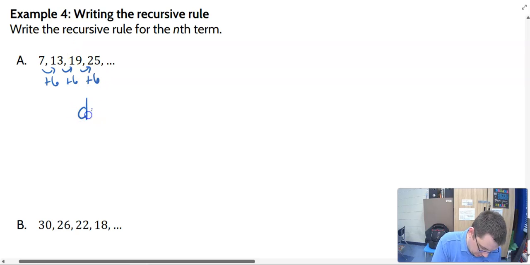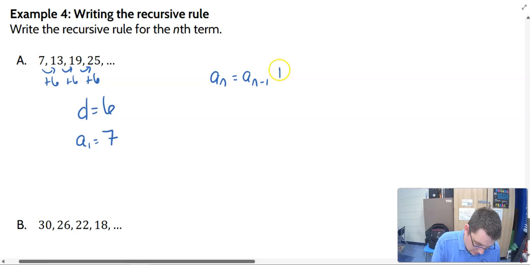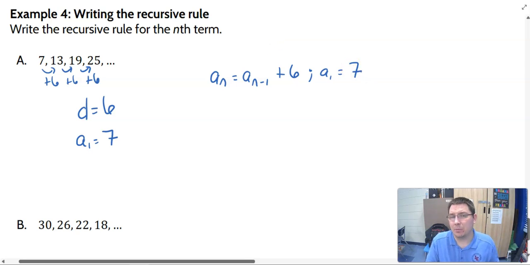And so again, we know that our common difference is 6. And the first term is 7. To write this recursive rule, we're going to write a sub n is equal to a sub n minus 1 plus 6. And then we're going to put a semicolon and say that a sub 1 is equal to 7. We have to have that separate piece.